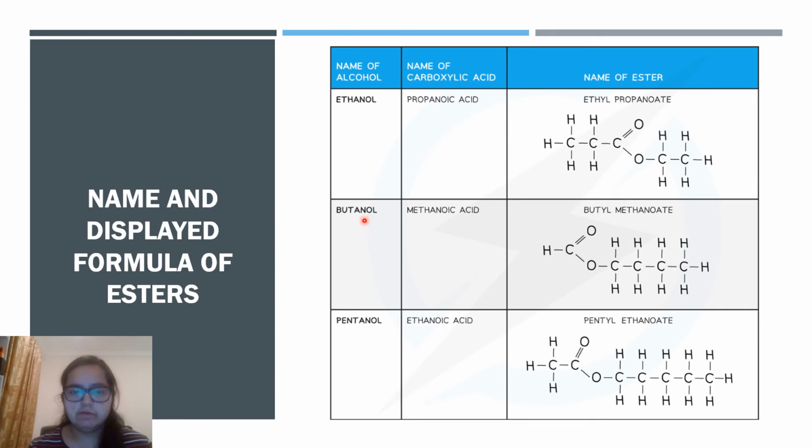Butanol, when we remove the "anol", we write "yl", so butyl, and here we remove the "oic acid" and write "oate", so butyl methanoate. Same goes for pentanol and ethanoic acid, so pentyl ethanoate. I hope this is clear. We'll be learning more about esters in the coming parts.